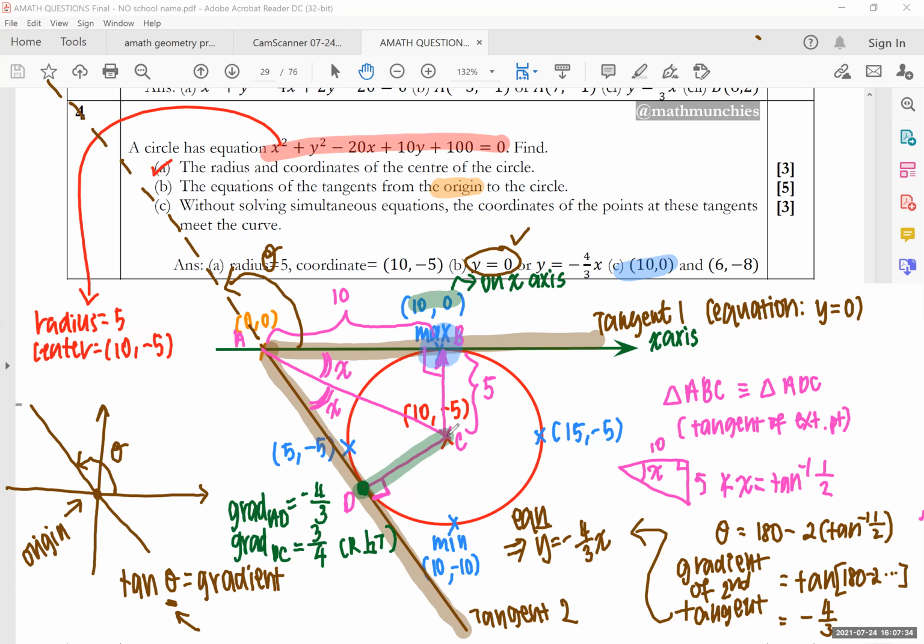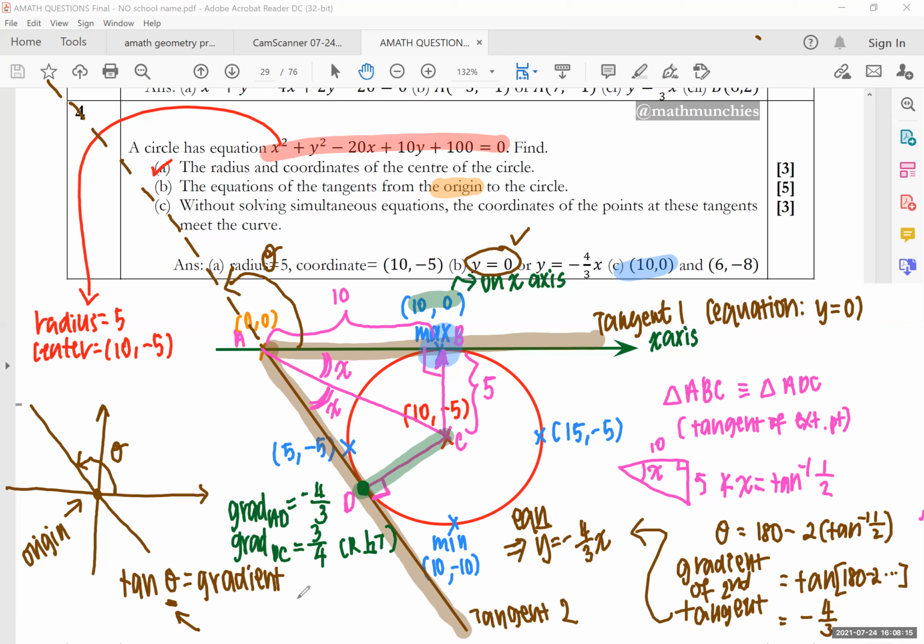So you find the gradient of CD in terms of x and y, then equate it to 3/4. But then you have two unknowns. Two unknowns means you need two equations, isn't it? Then two equations means it's simultaneous already. Yes. So we cannot. Does anybody know of any other ways?